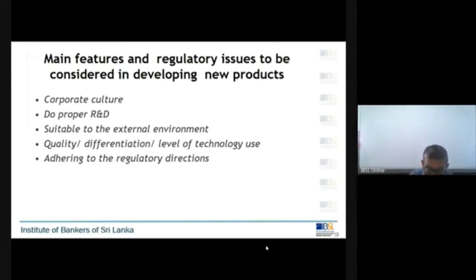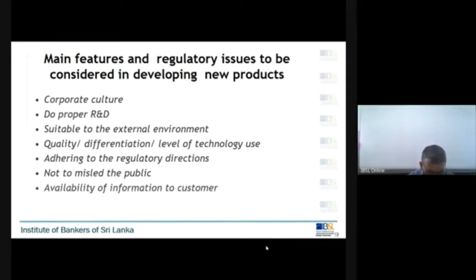Therefore, when you develop a new product, we have to adhere to the regulatory directions. And also, you cannot mislead the public. You tarnish your good name if you try to sell the product telling special features that you are not giving. And also, what sort of availability of information to the customers about this new product? You have clear product features, leaflets, newspaper advertisements.